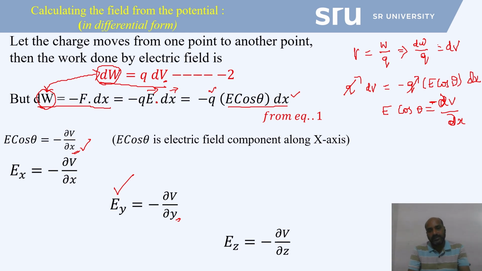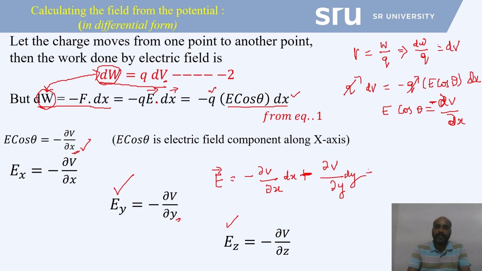And if the displacement is along the z direction, it is minus dou V by dou z. If you want to say that in three dimensions at a time, this electric field E will be minus dou V by dou x dx, again minus dou V by dou y dy, minus dou V by dou z dz.